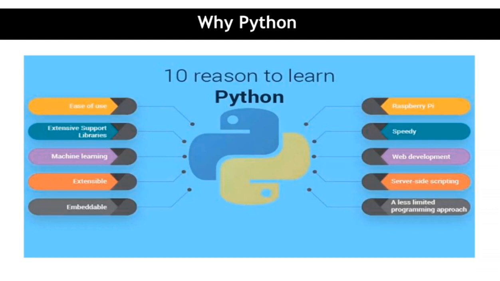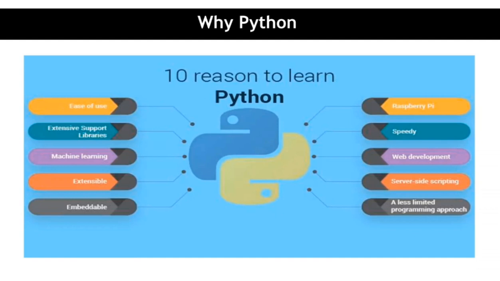Python has a simple and readable syntax, making it beginner friendly, and Python skills are in high demand in various industries in today's generation, increasing job opportunities. So we can say that in today's generation many companies and platforms use Python.